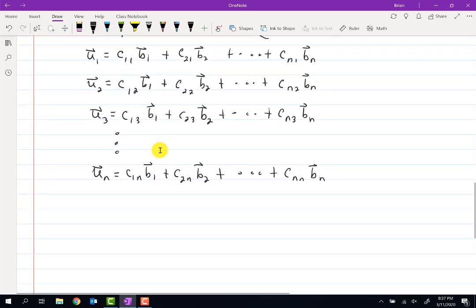Now what I'm going to do then is I'm going to look at U1, but its B representation. The coordinate mapping is what I'm going to look for. What makes that up? Well, I have C11, C21 up to Cn1. So it goes C11, C21, and that goes to Cn1.